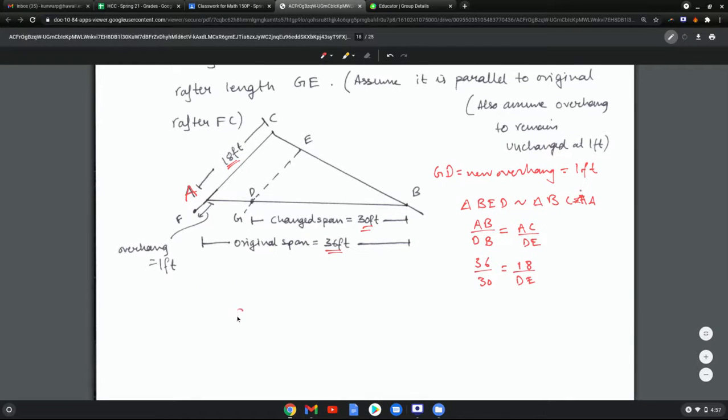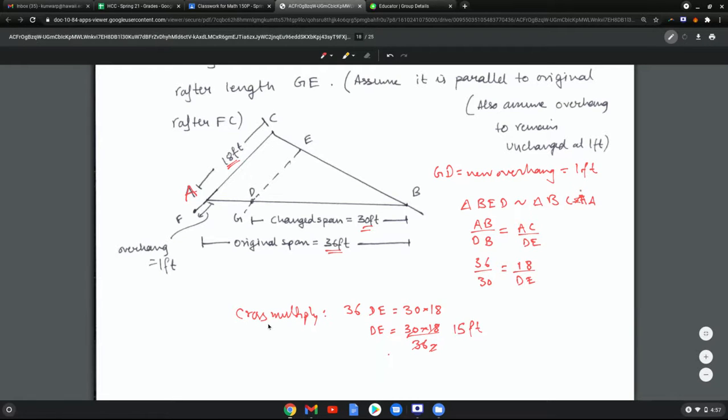So cross multiply, and what you get is 36 times DE is 30 times 18. So DE is 30 times 18 over 36. Canceling out gives you 15 feet.